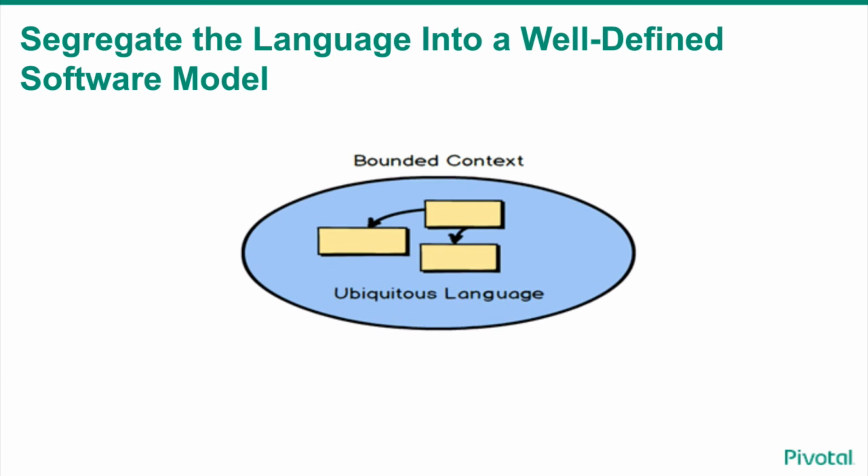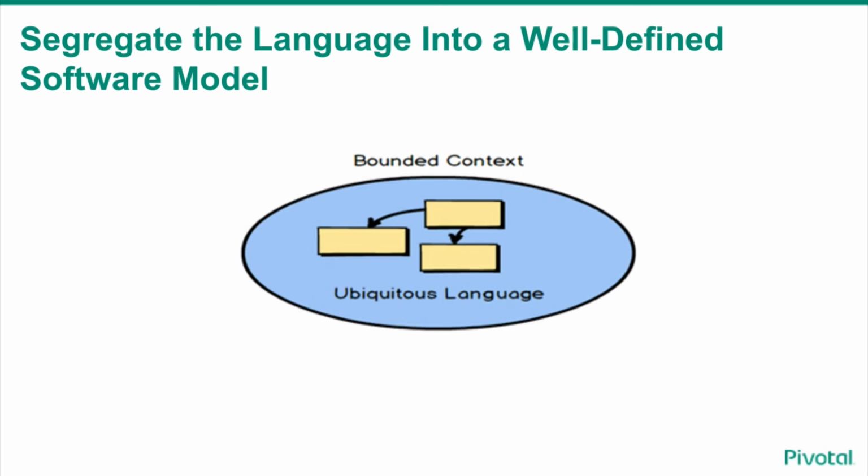Inside this bounded context, we expect the model to be consistent in the meanings of the terms, phrases, and expressions that we use when we describe things about the specific business problem domain.